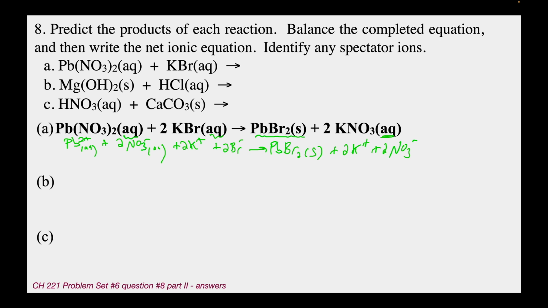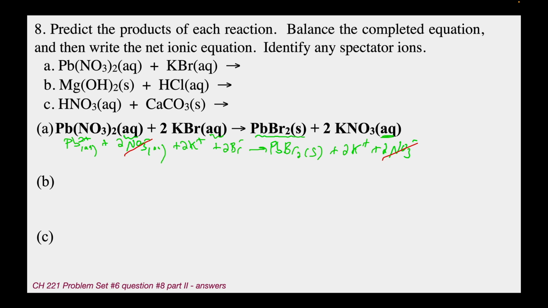Now, mathematically, if you look at this equation, notice that there are nitrates, one on each side of the reaction. One's a reactant and one's a product. Nitrate is an example of a spectator ion. It's not participating in the chemistry of this reaction. So if you can cancel something on both sides, that's going to be a spectator ion.